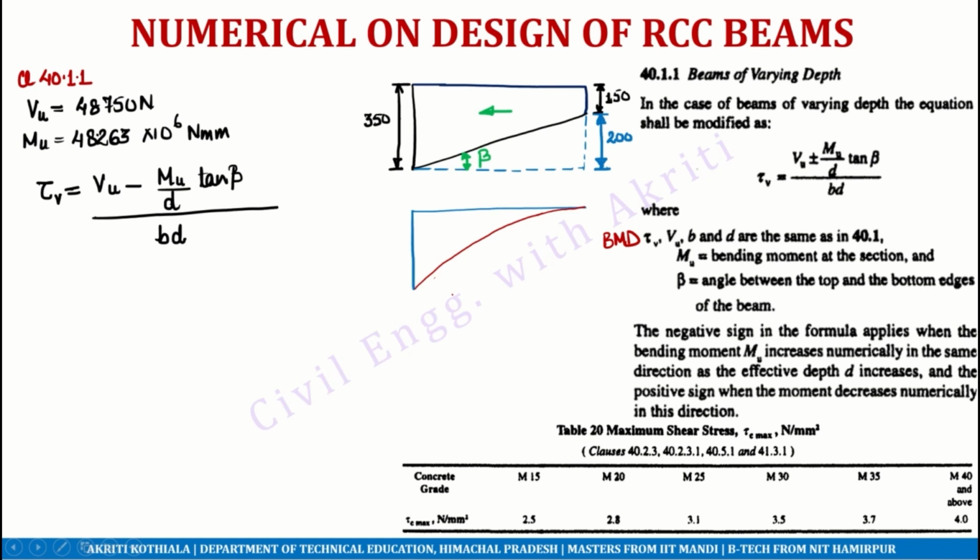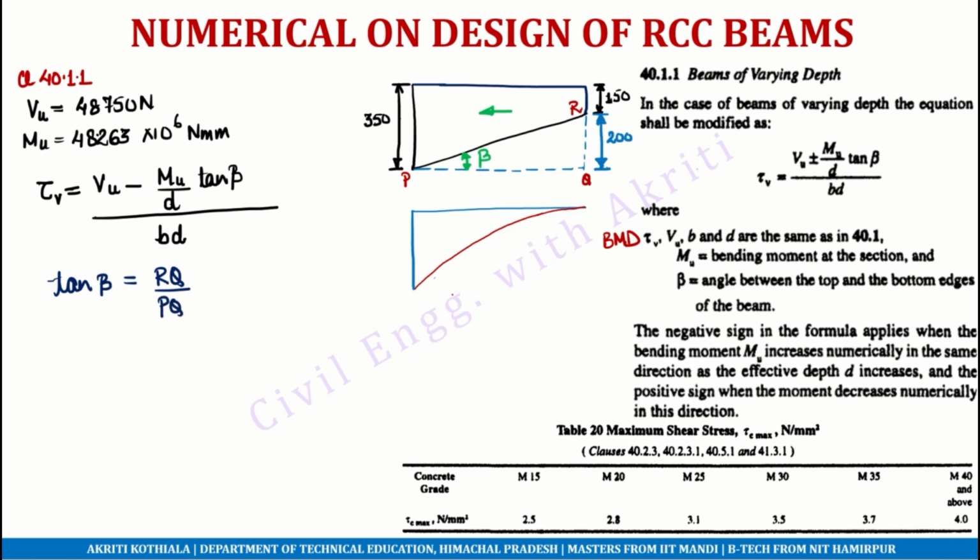The next part in this formula that we have to consider is this beta. What is this beta? Beta is simply the angle at which the depth of the beam is varying. To calculate this beta, we can simply solve the triangle PQR. If I write tan beta for triangle PQR, it will be equal to RQ upon PQ.